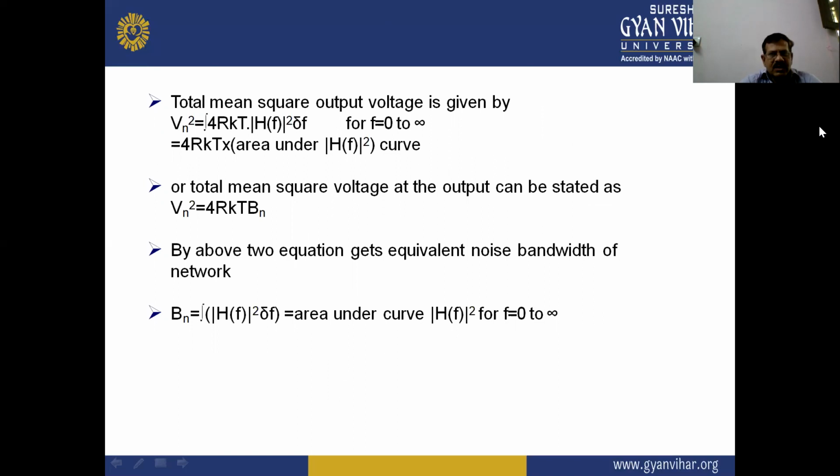So Vn square equals 4kTR times the area under the H(f) whole square curve, or the total mean square voltage at the output can be stated as Vn square equal to 4kTR Bn. By the above two equations we get the equivalent noise bandwidth of the network. So Bn equals the integration of H(f) square delta f, the area under the curve of H(f), the transfer function square, for the frequency from 0 to infinity.